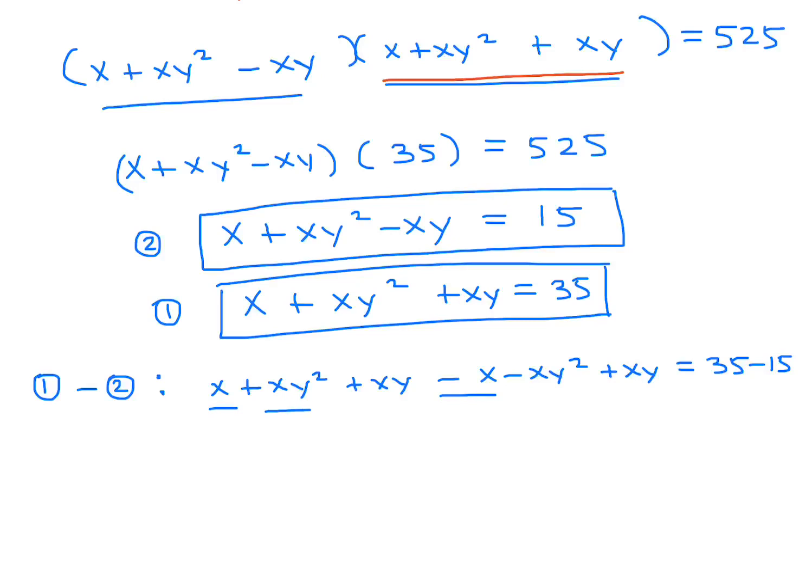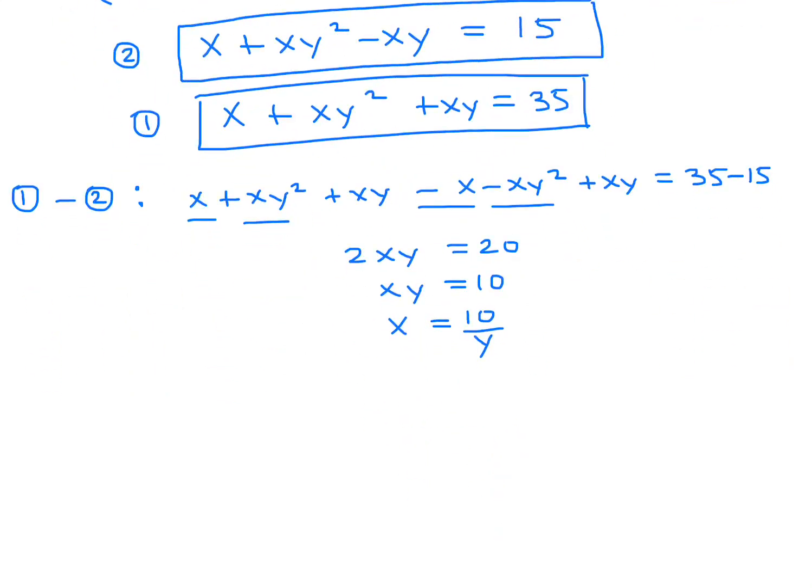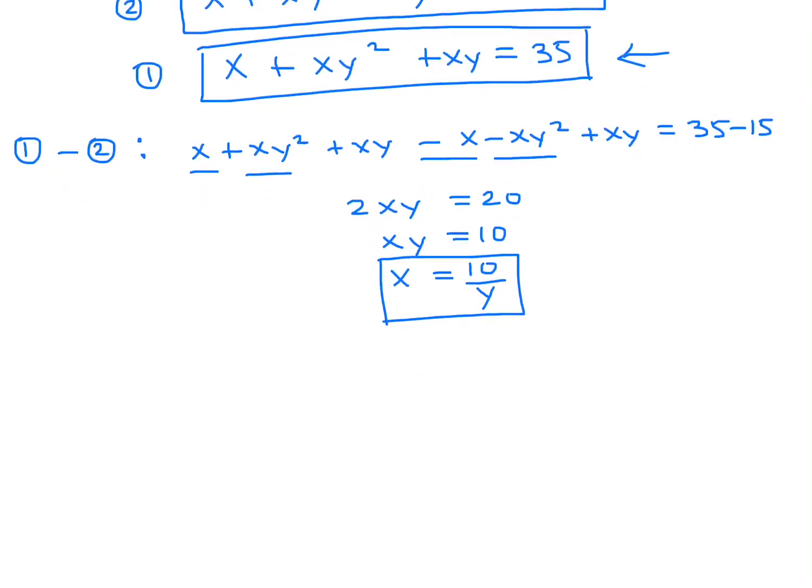This cancels, this xy squared cancels, and you're left with 2xy is equal to 20, xy is equal to 10, and therefore we can isolate for x. x is equal to 10 over y. Perfect. And now we can take this value and substitute it back into any one of those and solve for y. I'll just use this one, equation number 1.